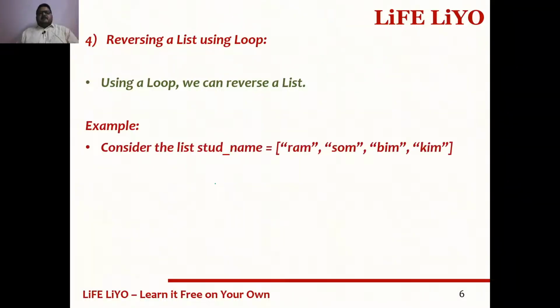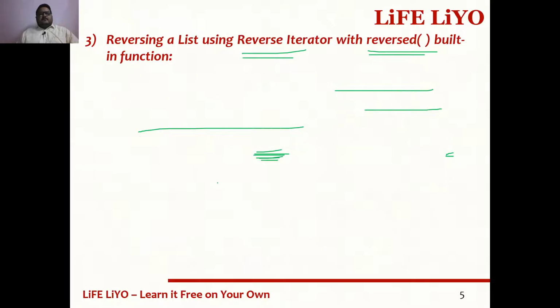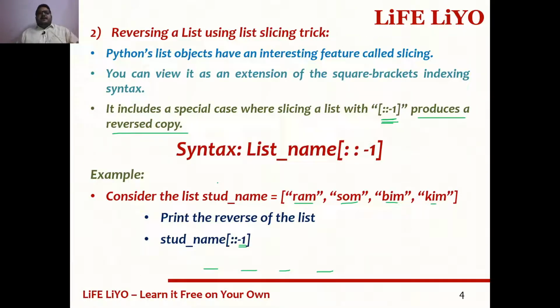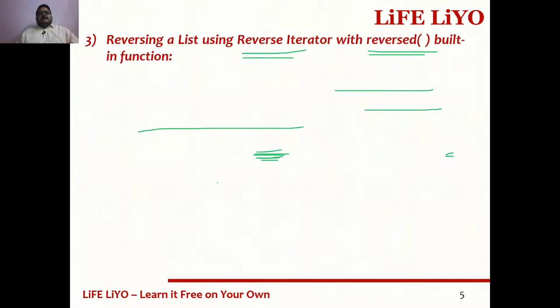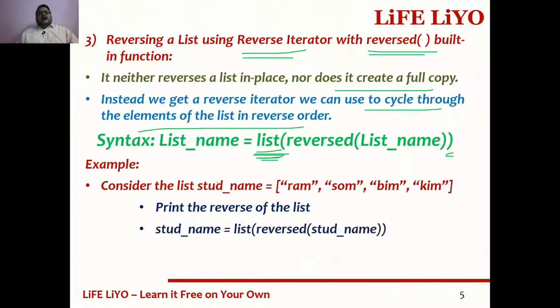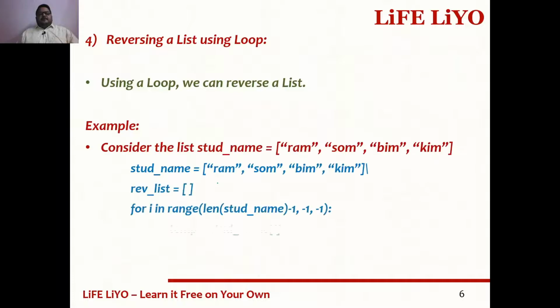So this is one of the ways. In this video I have covered different ways of reversing a list: one is the reverse method, another is reversing using the list slicing trick, next the reverse iterator, and by using a loop. So these are the examples.